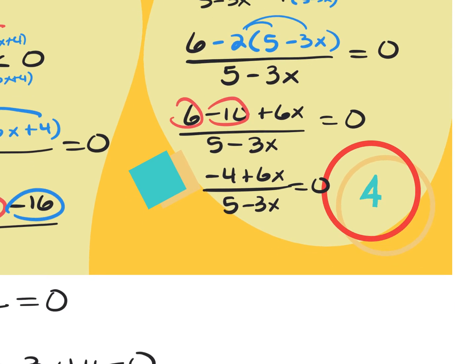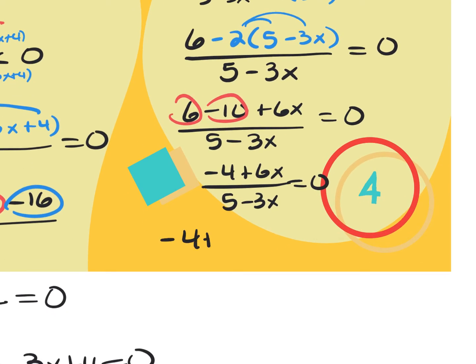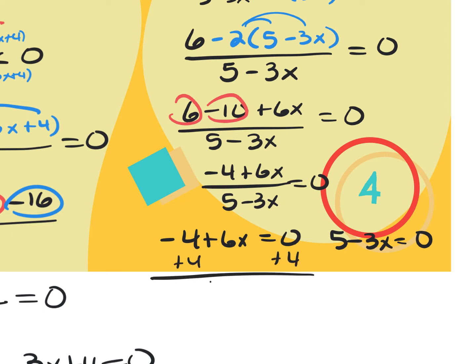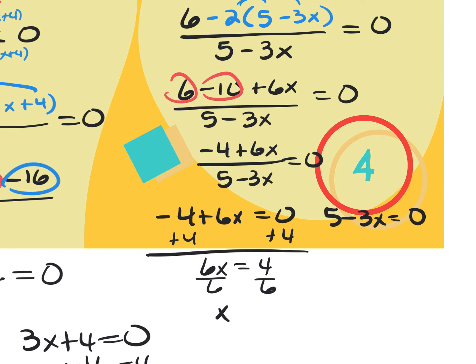Set the numerator equal to 0. Negative 4 plus 6x equals 0. And 5 minus 3x equals 0. I'm going to add the 4. 6x equals 4. Divide by 6. x equals 4/6, but reduce it to 2/3.